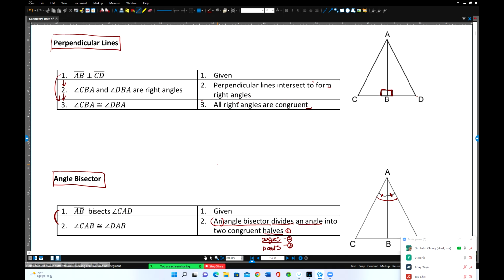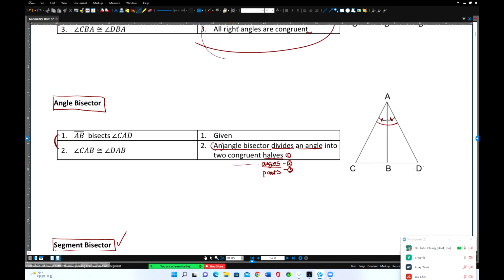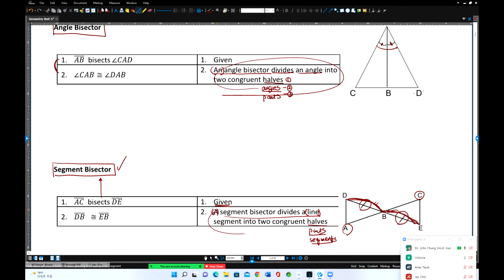We just finished three perpendicular lines. You have to memorize the reason. Angle bisector, memorize the reason. Segment bisector, memorize the reason over here. We need this reason to write in a two column proof. This column you say what? This is the left side, the statement.